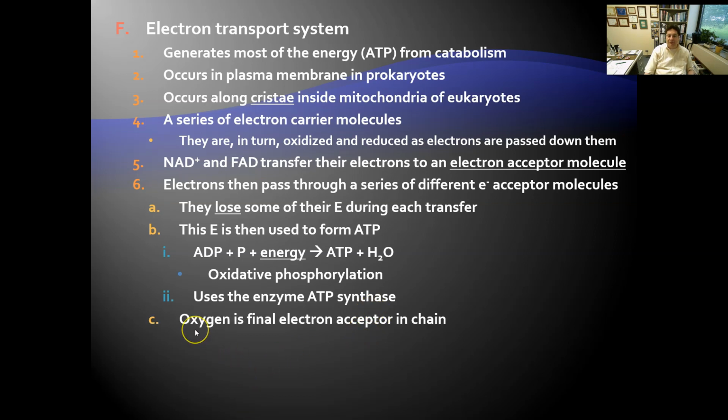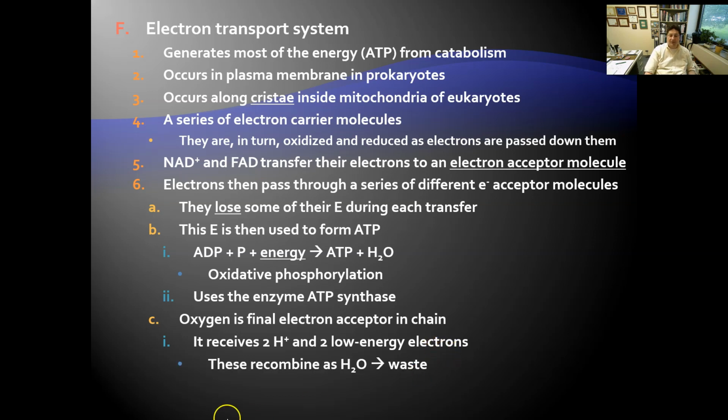The final molecule in the chain is good old oxygen. At the very end of the electron transport system, oxygen receives 2 hydrogen and 2 now low energy electrons. If I give oxygen 2 hydrogens and some electrons, what's H2O? Those recombine as water, and that's released as a waste.